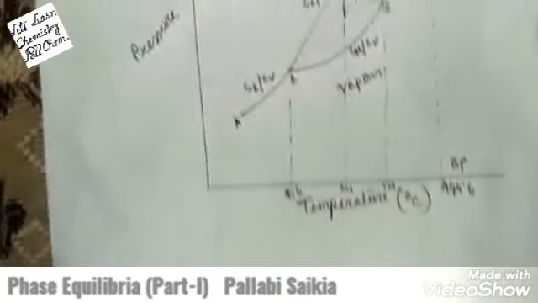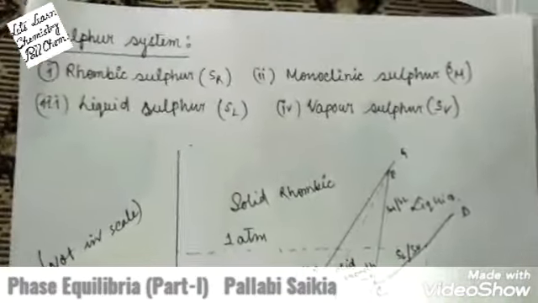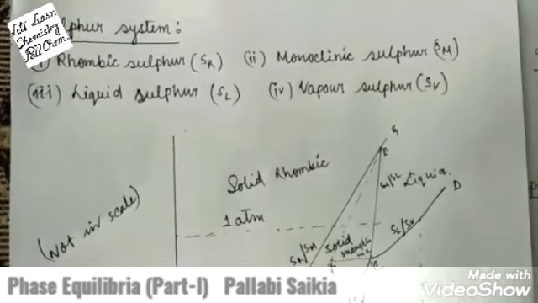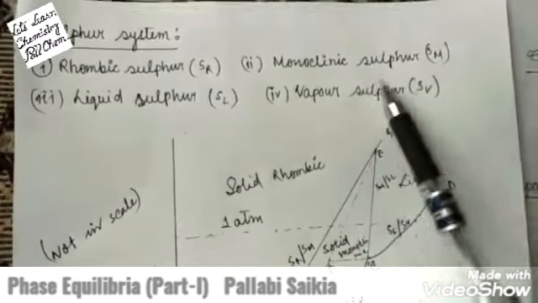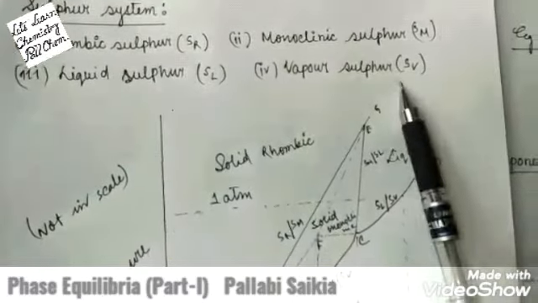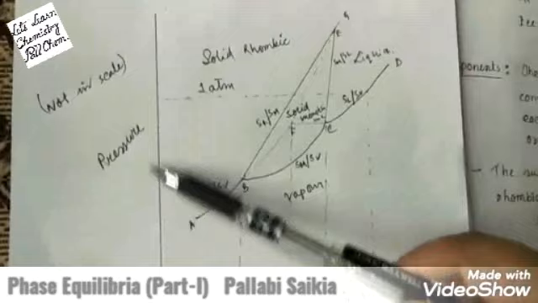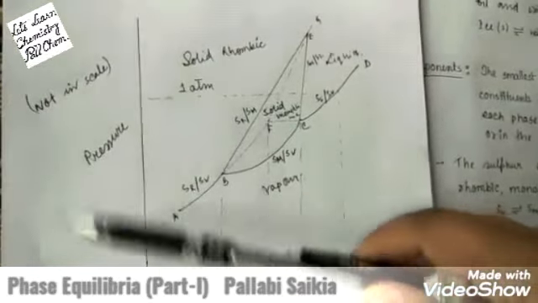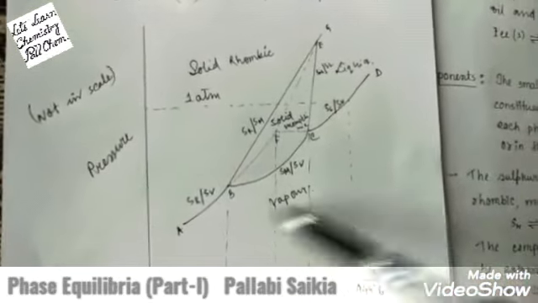Similarly, if we see the sulfur system, sulfur exists in 4 phases. One is rhombic sulfur, one is monoclinic sulfur. These are solid forms, this is liquid sulfur, and this is vapor sulfur. So this is the phase diagram where pressure is on the y-axis and temperature is on the x-axis.